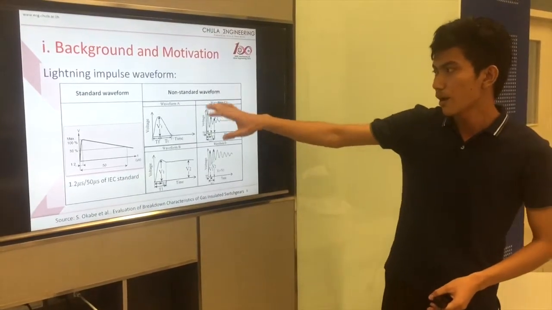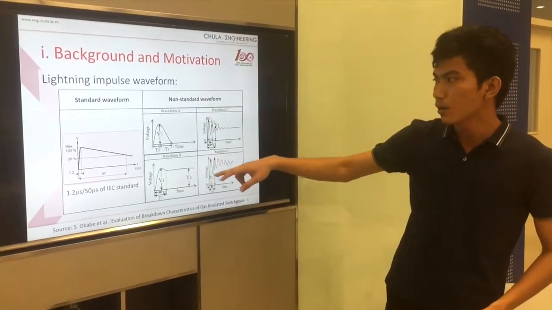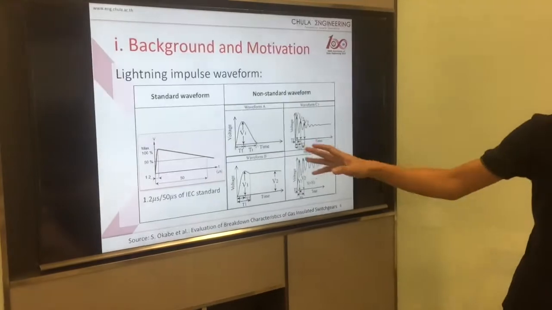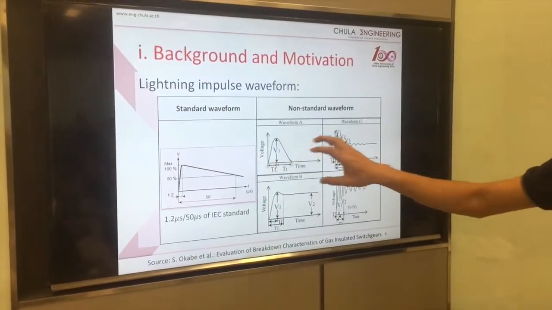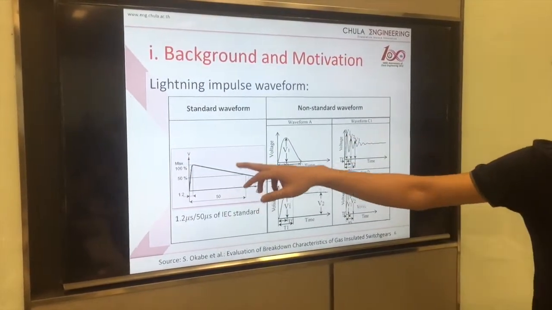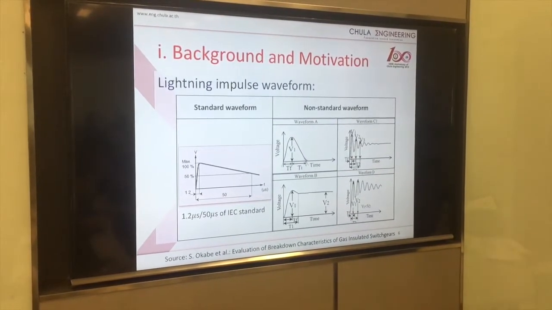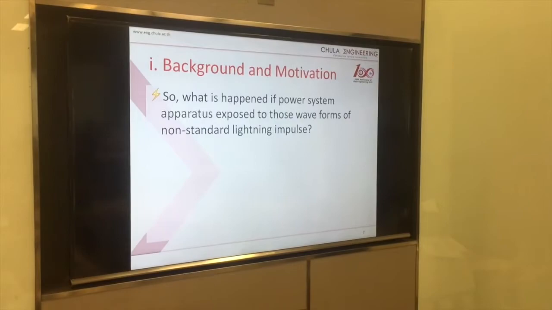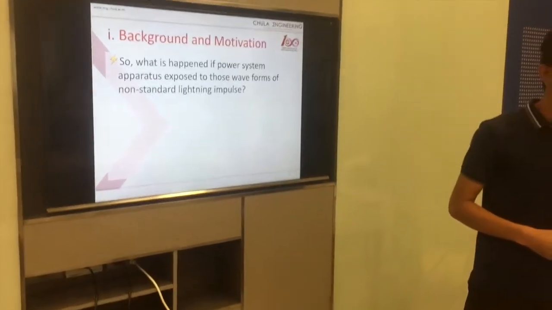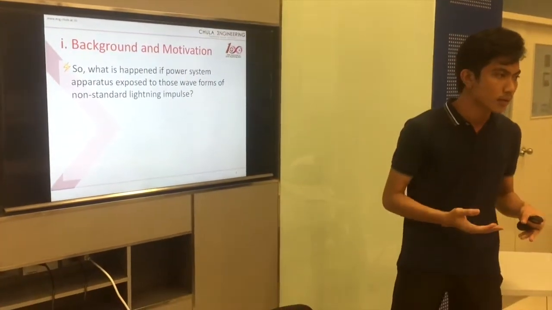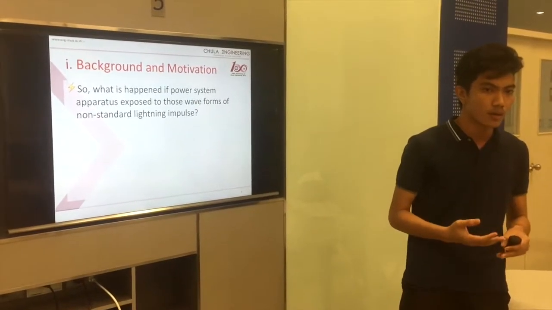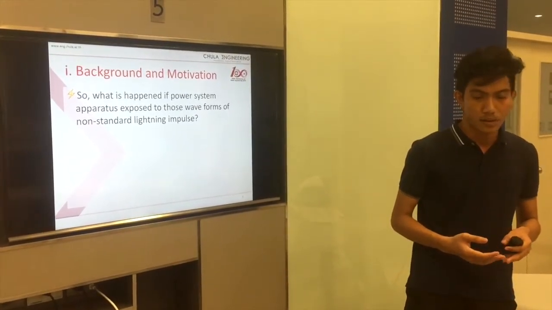And the right-hand side shows the non-standard waveforms. When you compare these four waveforms with the standard waveform, you can see there is a huge difference between them. So the question is, what happens if a non-standard waveform strikes the power system?